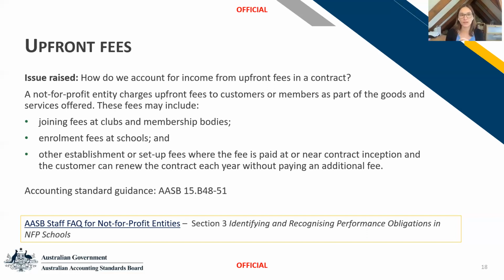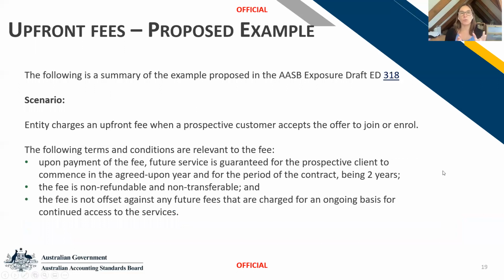So if we have a look at the outcome from this project, on the next slide, please. What we have proposed within ED 318 is a more generic example. So we've talked particularly around an entity, and we haven't specified what type of entity it is. We've specified where there is an upfront fee that is paid that is for ongoing services.